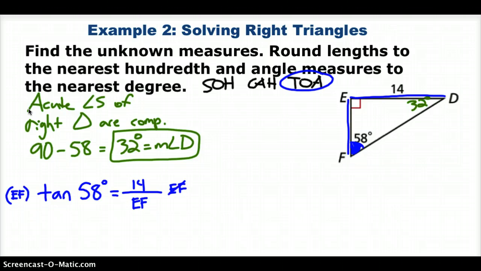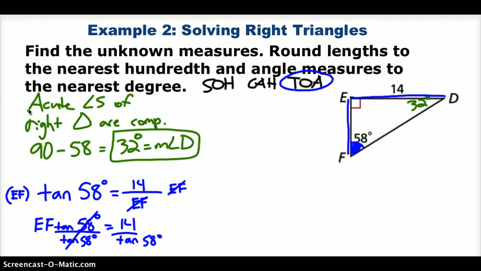We're doing just what we did in the previous lesson. Now I have EF times the tangent of 58 degrees equals 14, and I can divide both sides by the tangent of 58 degrees.